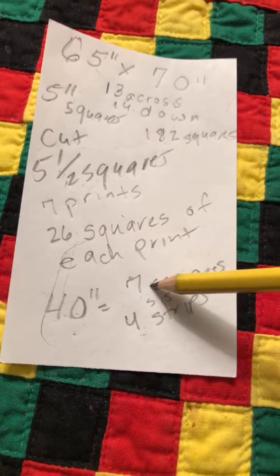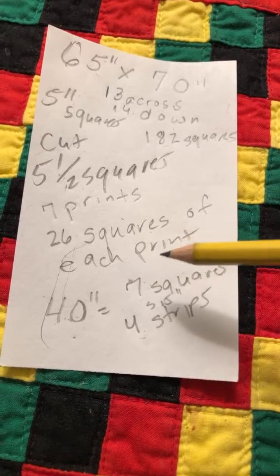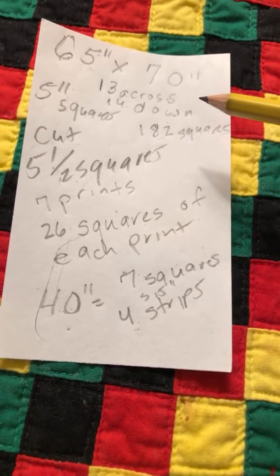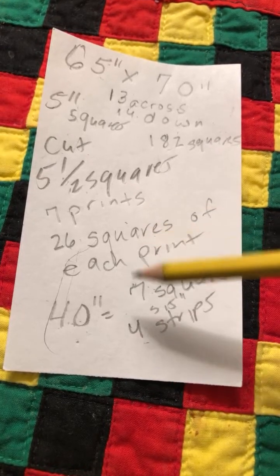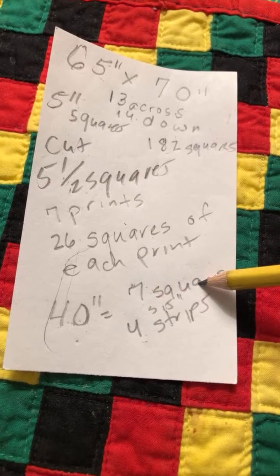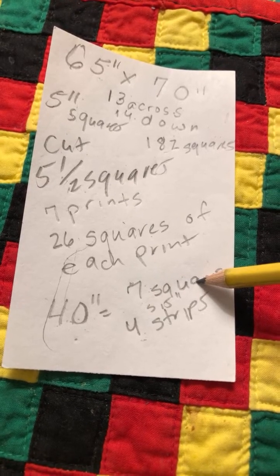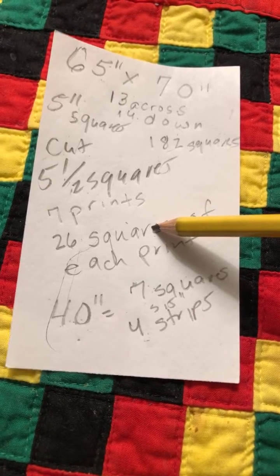So we're getting 7 squares from each strip of fabric. We need a total of 26 squares.